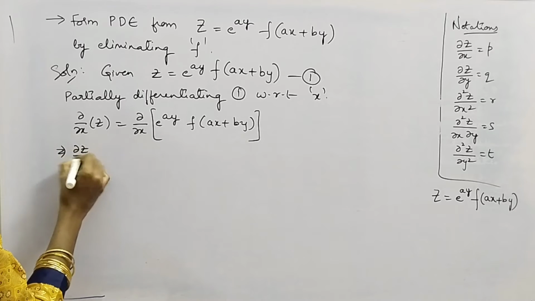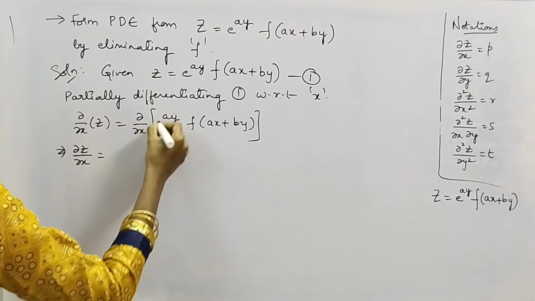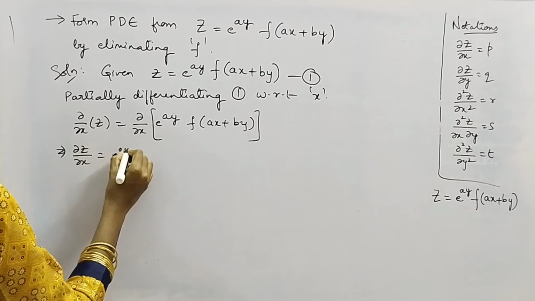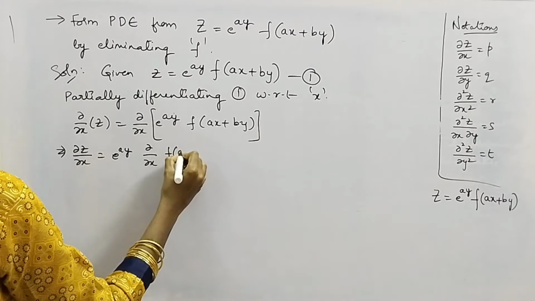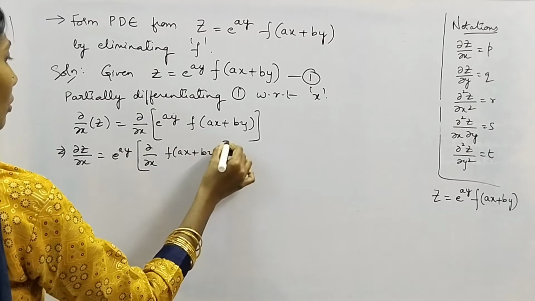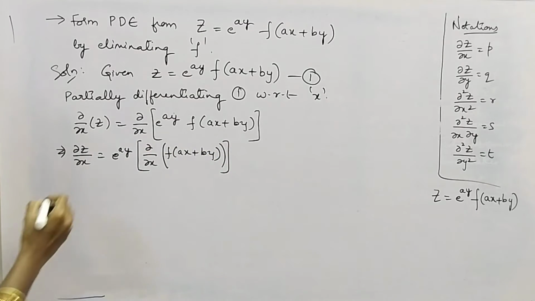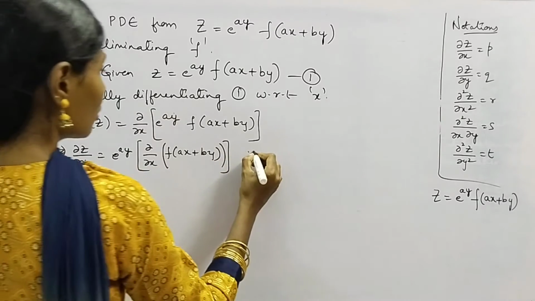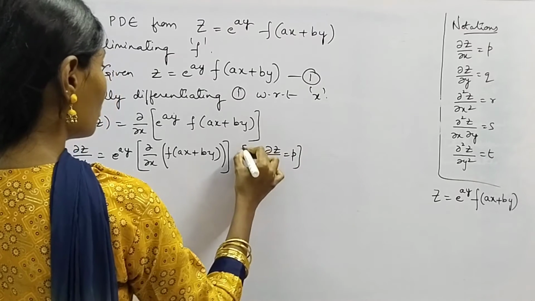This gives us dou z by dou x equal to, here you are having a, right? So we will treat it as constant and we will write this as e power ay, constant, into derivative. Since we have a notation, dou z by dou x equal to p, let's replace dou z by dou x by p.